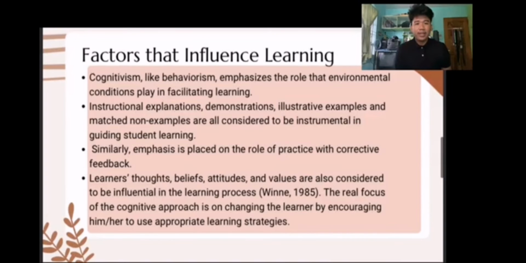Okay, so it includes demonstration. So there could be a demo teacher, illustrative, and matched non-examples in the instructional explanation.